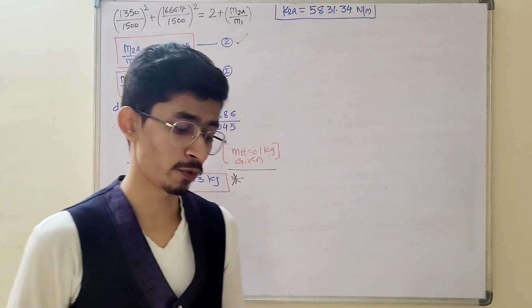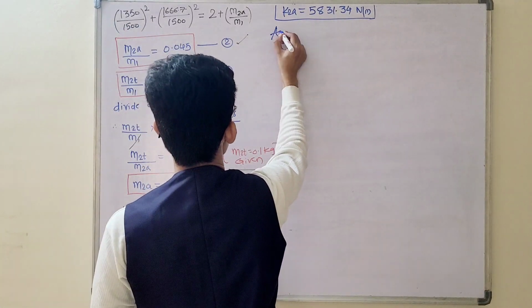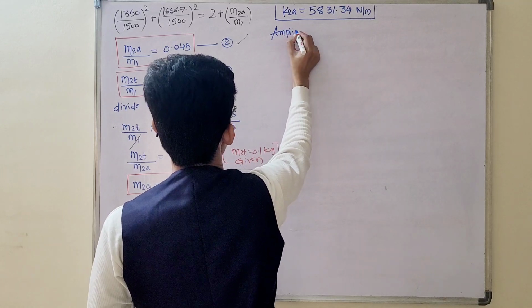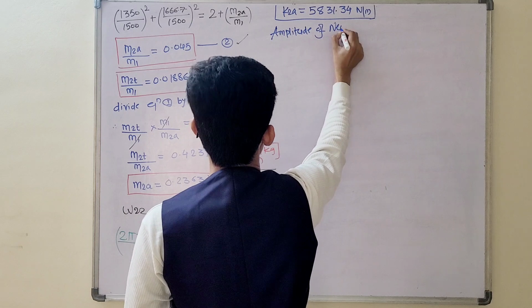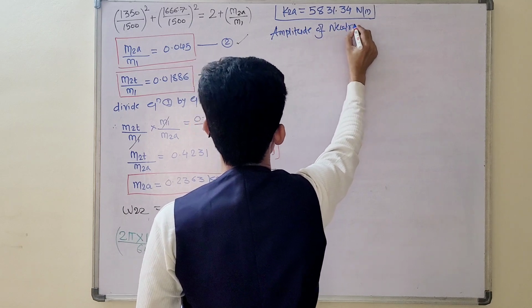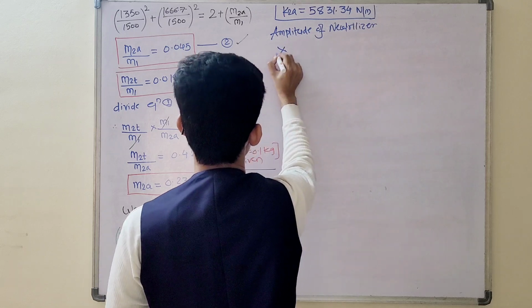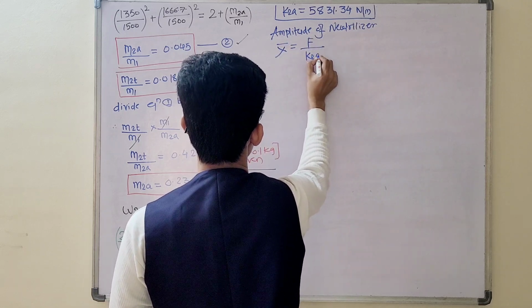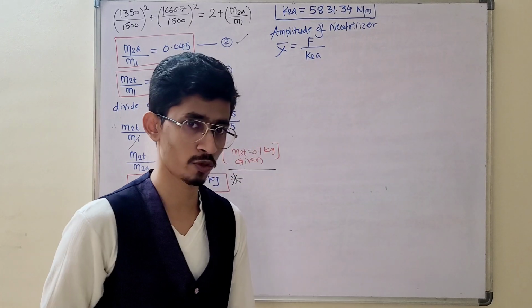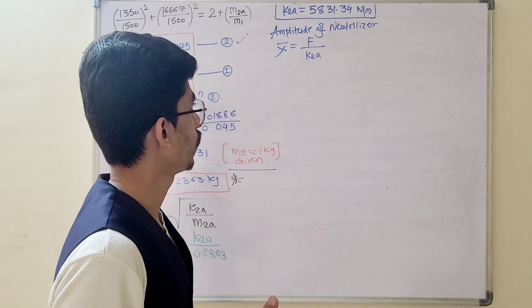the amplitude of the neutralizer. We are going to find out what my amplitude of the neutralizer is, that is x bar equal to f divided by k2a. This formula is known. F is equal to k into x, that is nothing but the force due to the spring.